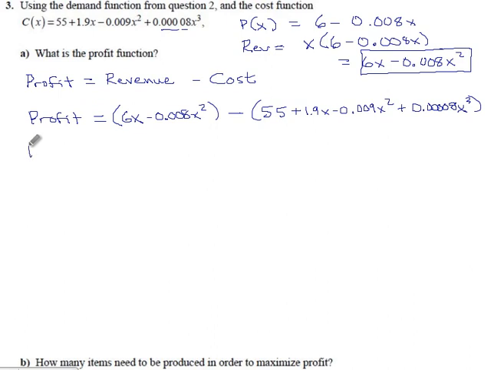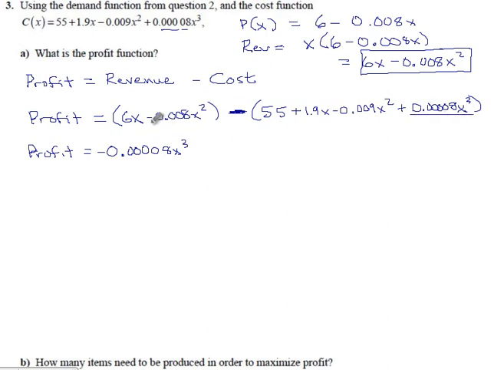So, if we collect terms in that to make it look a little nicer, this negative sign applies to everything inside these brackets. We get minus 0.408x cubed. Takes care of that.